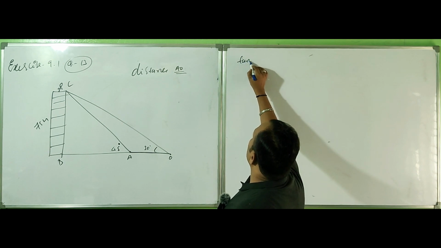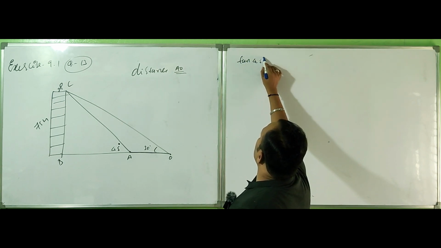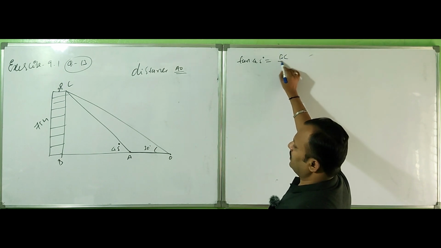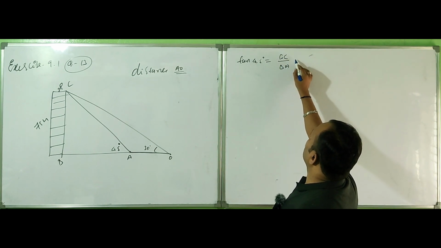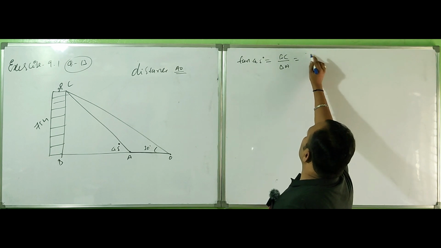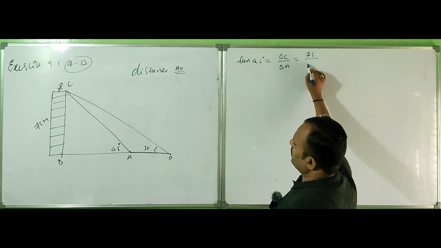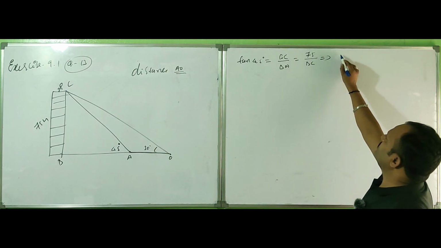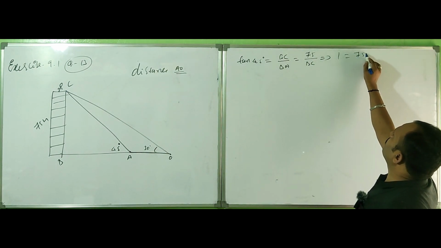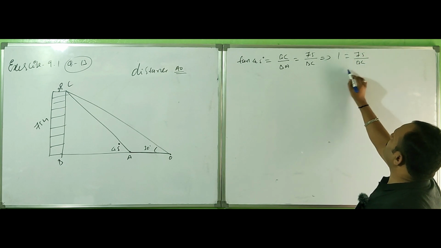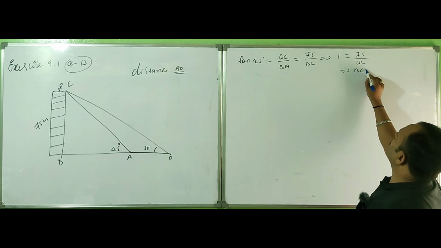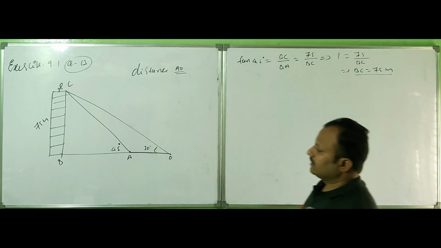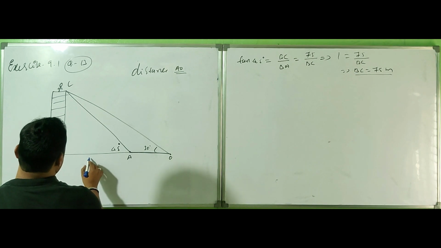Tan 45 degrees is equal to BC by BA. What is BC? 75 by BA. This implies tan 45 is 1, equal to 75 by BC. This implies BC is equal to 75 meters.